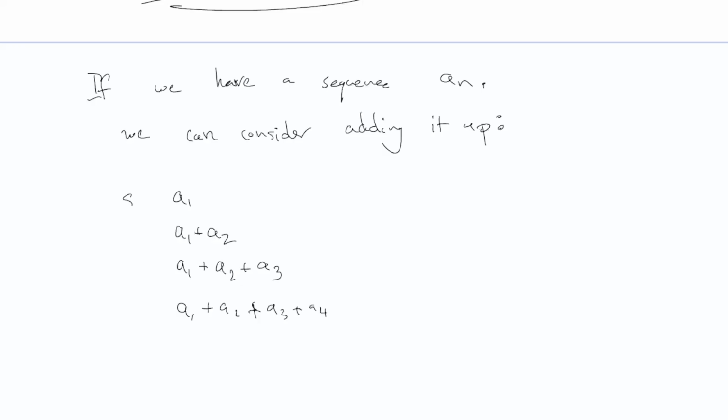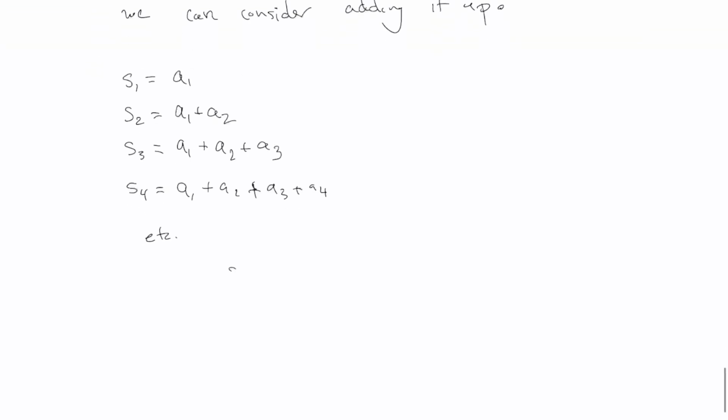I'm going to call this S_1, this S_2, S_3, S_4, etc. So in general, I'm just inventing a new sequence. We started with the sequence of a's. I'm creating a new sequence which comes from adding together some of the a's. The definition is S_n equals a_1 plus a_2, etc., all the way to a_n.